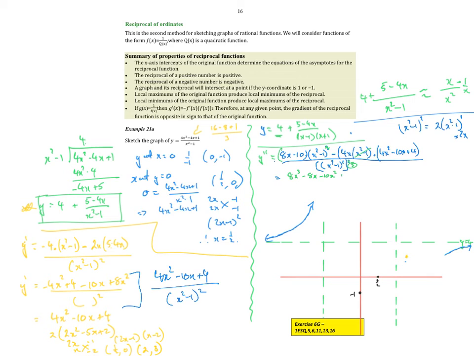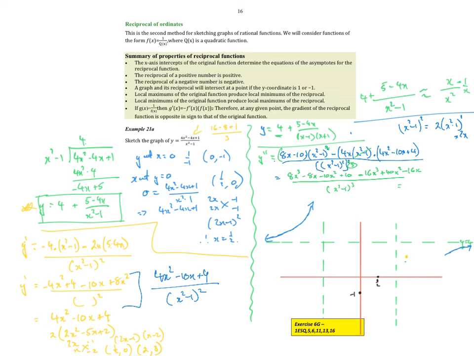10x squared plus 10. So I'm going to multiply negative 4x through, so negative 16x cubed plus 40x squared minus 16x, all over (x squared minus 1) cubed.